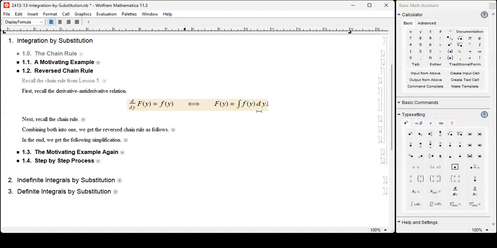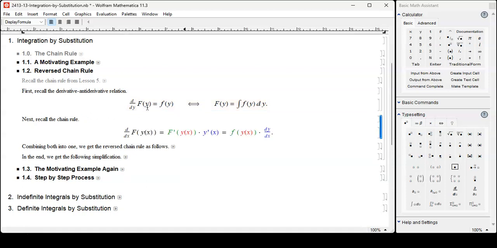Now let's apply the chain rule. Here, in the left-hand side, consider y as a composite function, like this. So y as y of x, then this capital F is going to become a composite function. And then by the chain rule, you're going to get something like this. Pay attention to this part only.